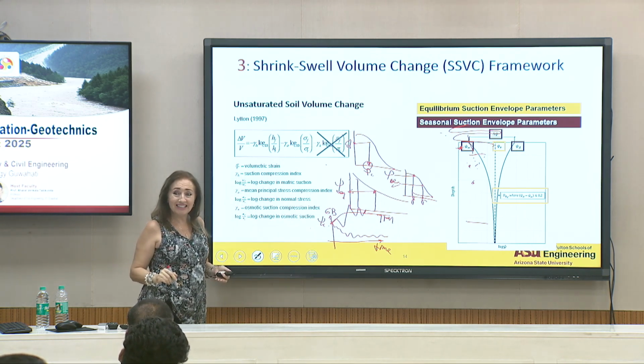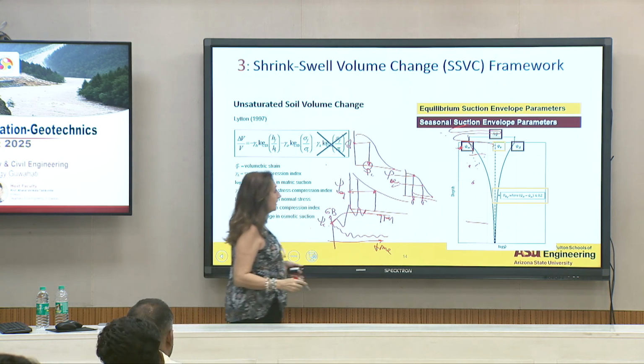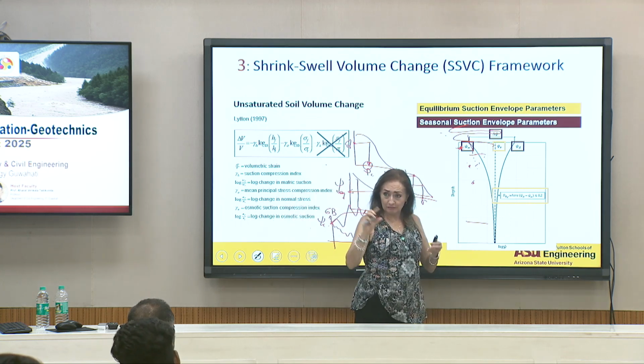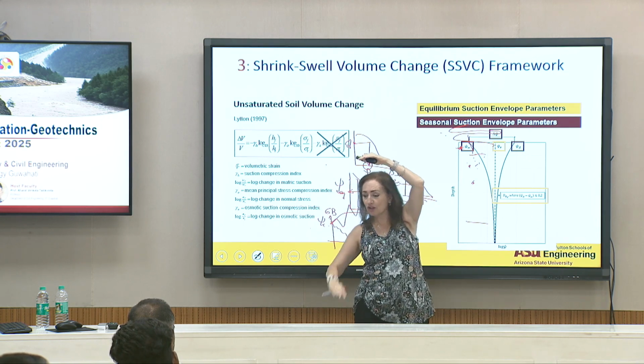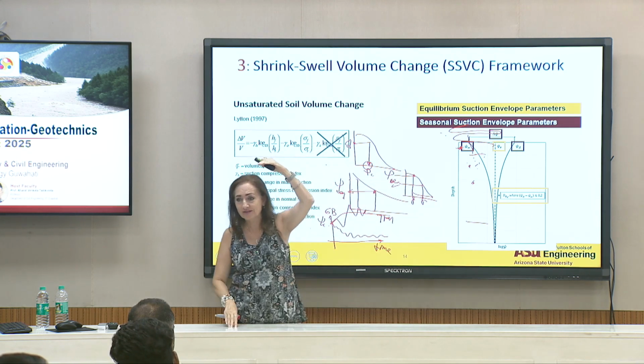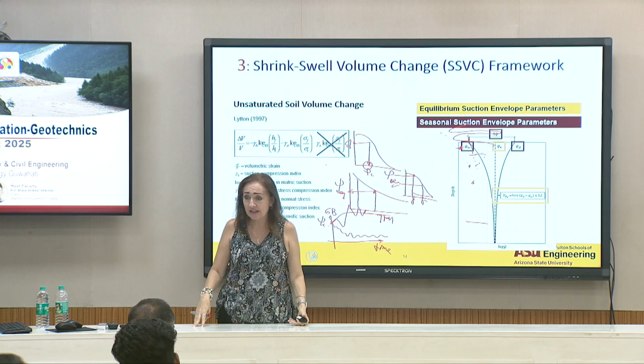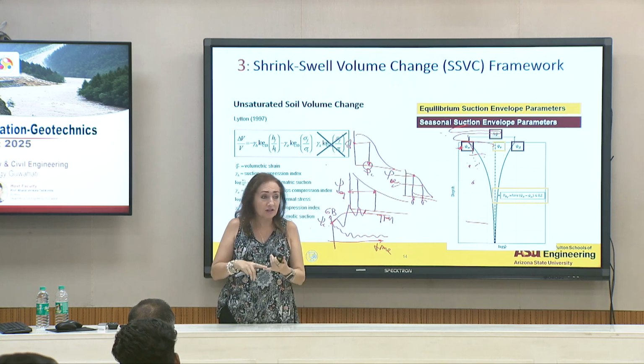Usually what they do is assume that this value of swelling is going to be the same at the top of the surface or all the way down to 5 meters. And that's a big mistake. It's very conservative.